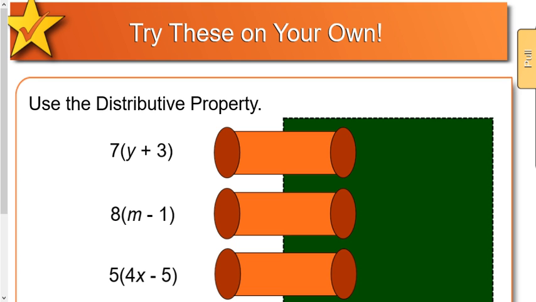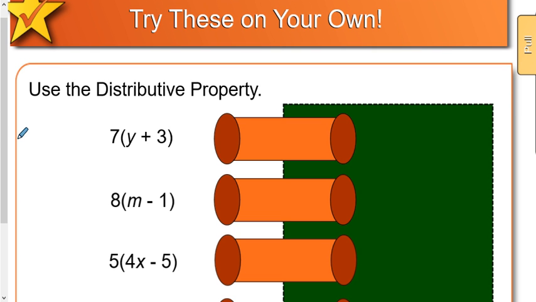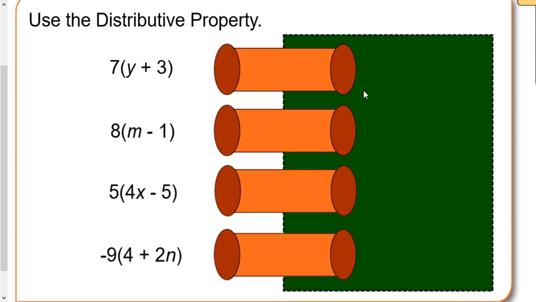Okay. Here's our next one. We're going to use the distributive property, and then we're going to put it through the tube to see if we got the right answer. I'm going to ask you to stop the video and try all 4 of these right now. Okay, now that you've given them a try, here we go.